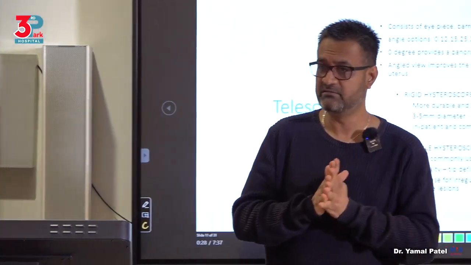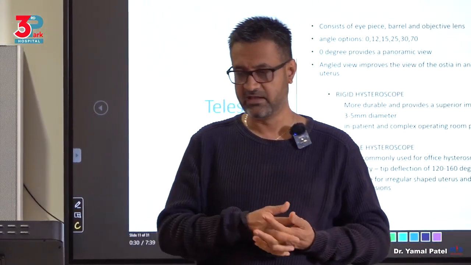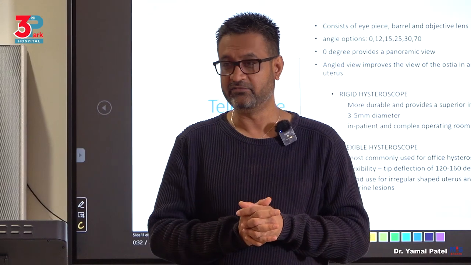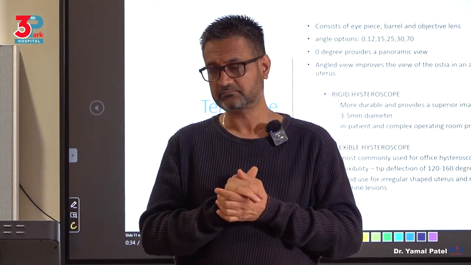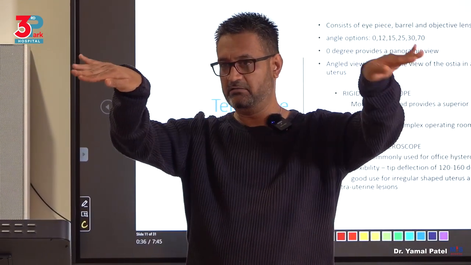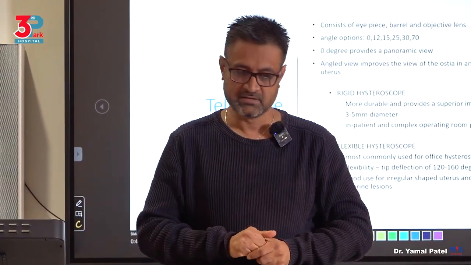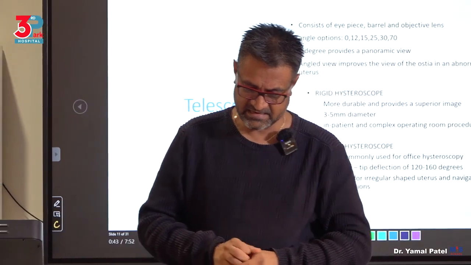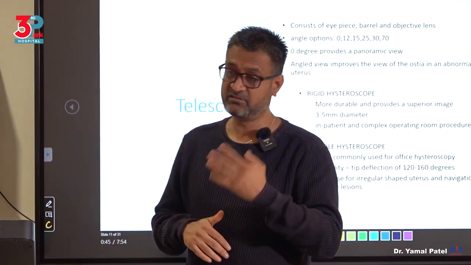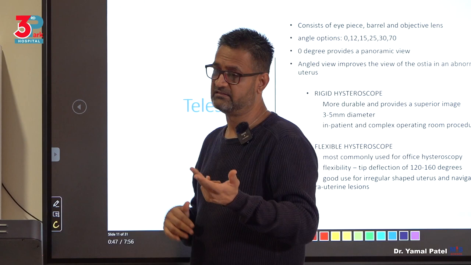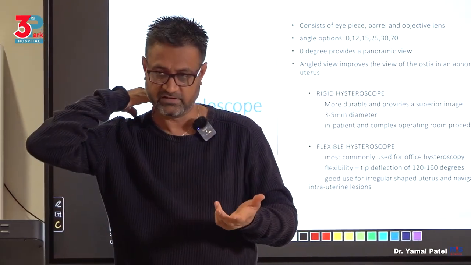The ones that I use mainly would be 30 degree or a 12 degree. So a 30 degree is very good for diagnostic because it lets you see angles that you don't normally see without moving around much. It can also be used in cold surgeries.